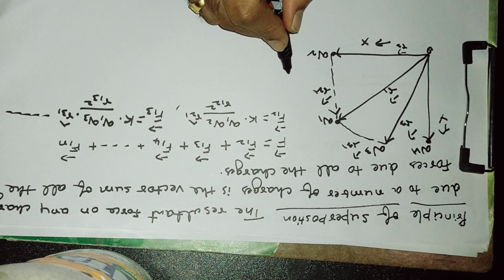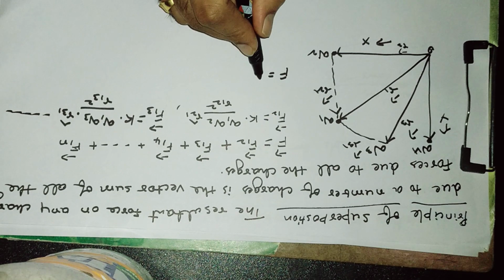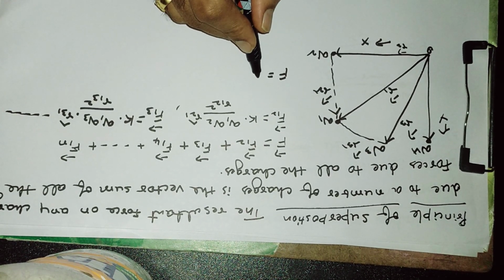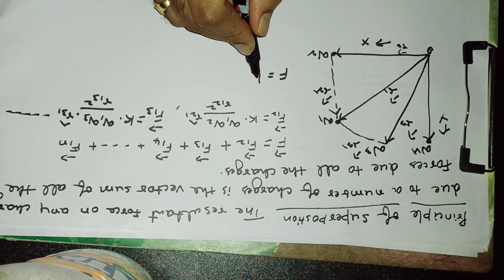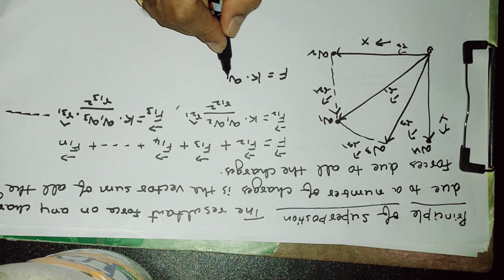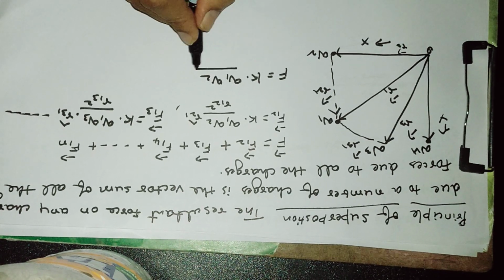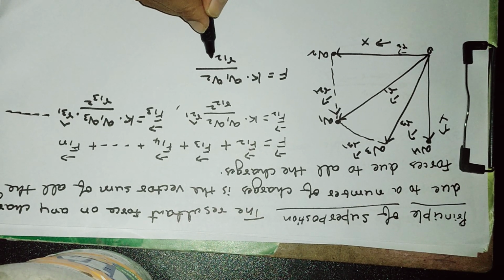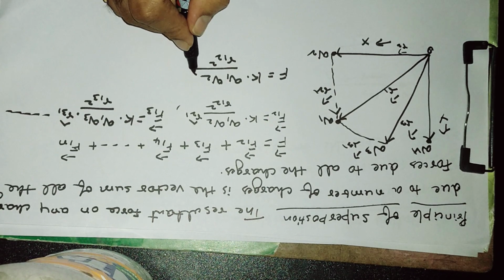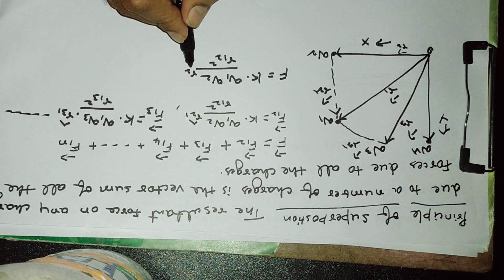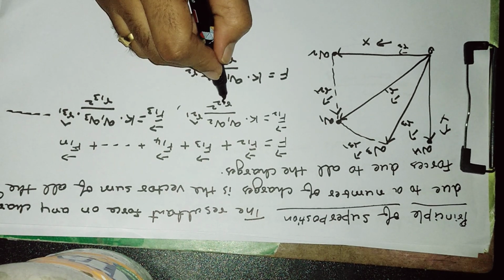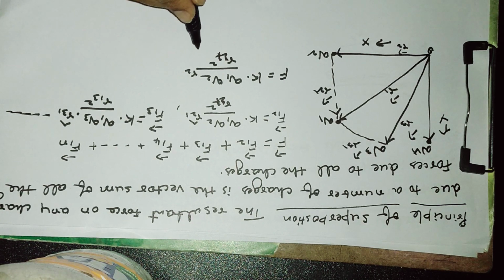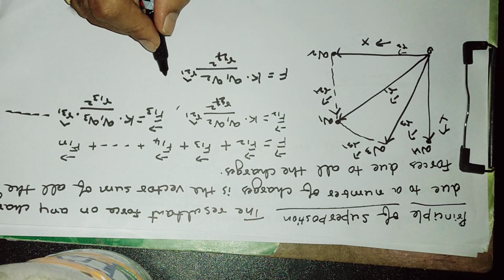So I may write F as K into q1 q2 by r21 square into r21 cap.